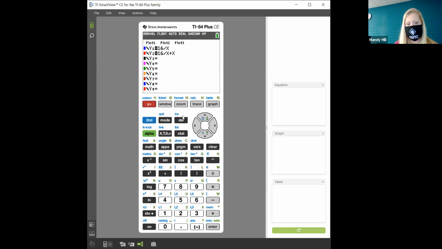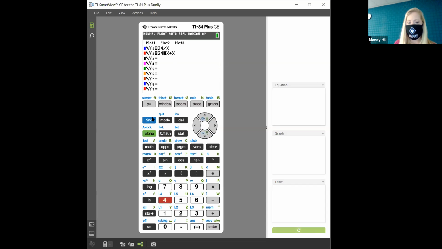We're going to type in our new problem that we said was going to be 24 divided by x. And then the other one is 24 divided by x plus x, okay?